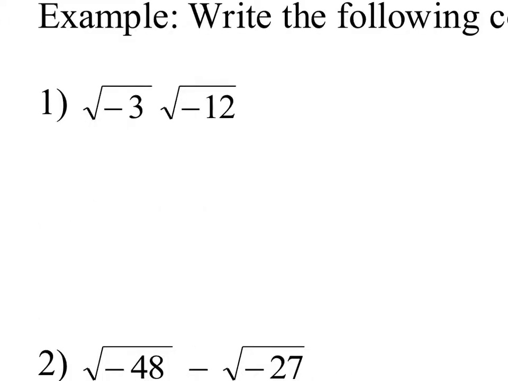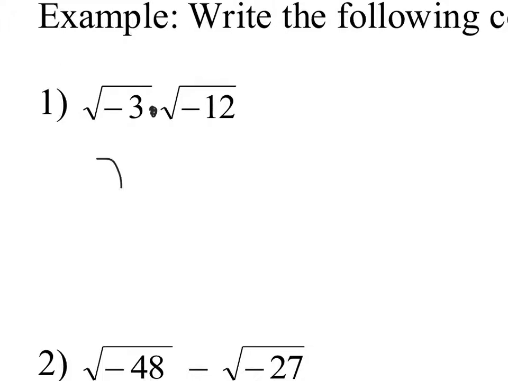All right, so one of the things that I can do for number 1 is, since we're multiplying these two radicals together, I can actually just multiply what's inside the radical together and then just take the square root. So this simplifies really easily.